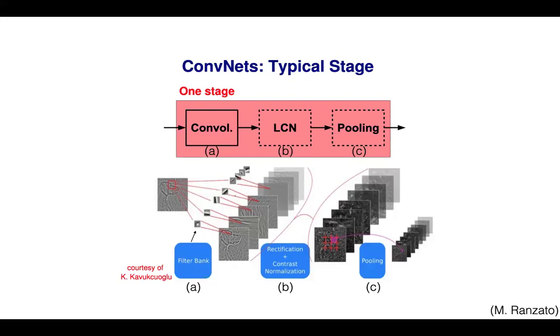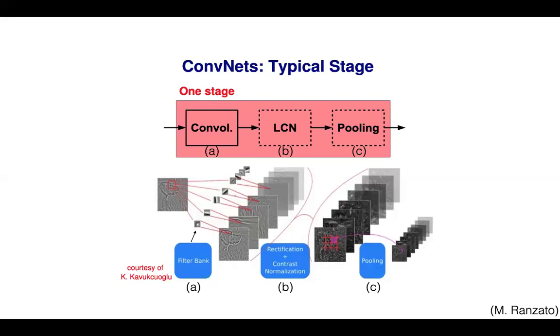And then we want, besides translation invariance, also photometric invariance. So we have this contrast normalization and rectification. And we want to have a hierarchy of features, and then exploit a multi-scale structure of the data. And then we have this pooling layer.